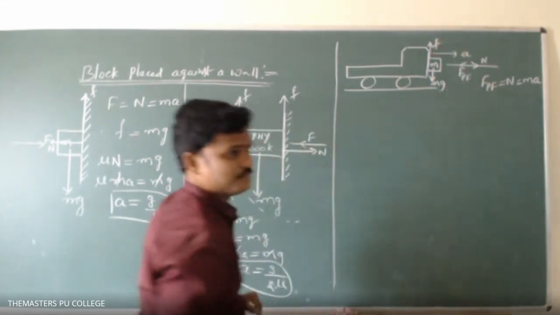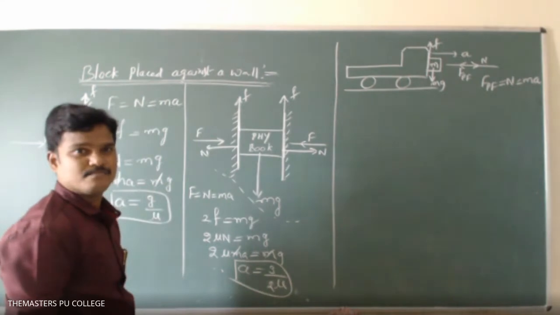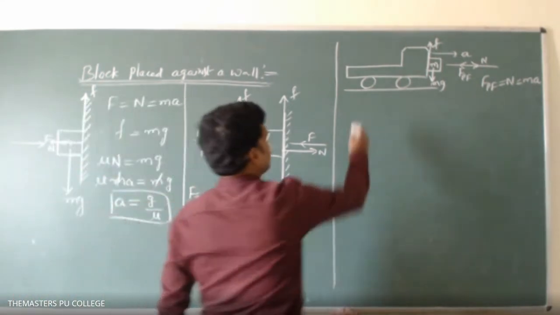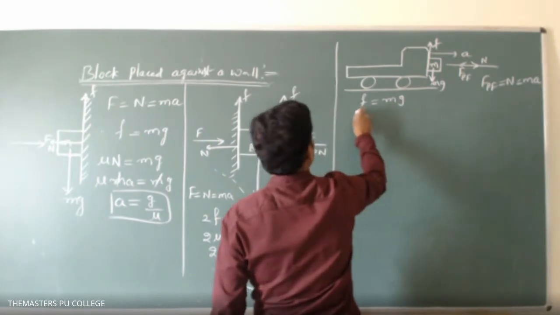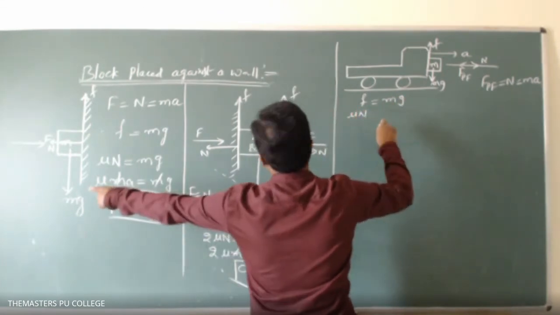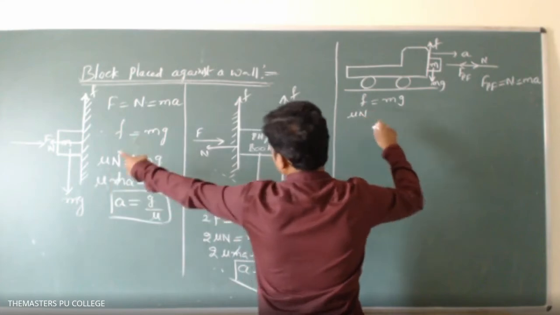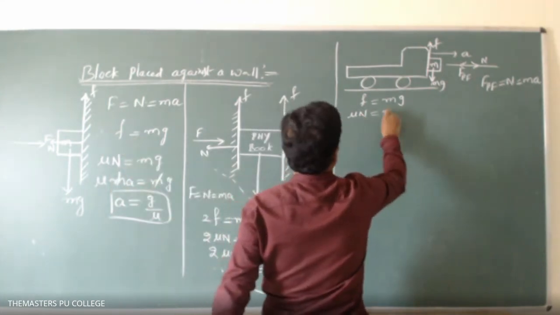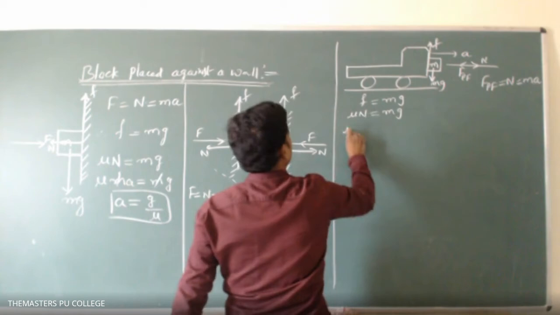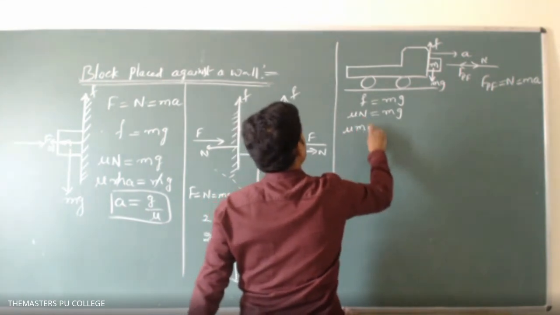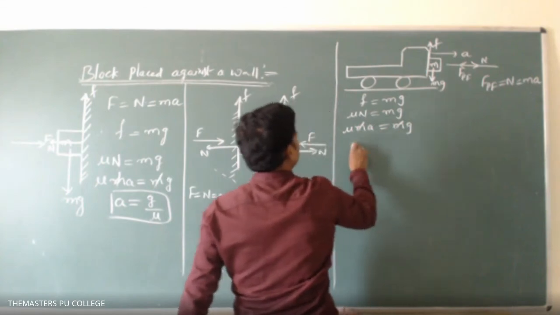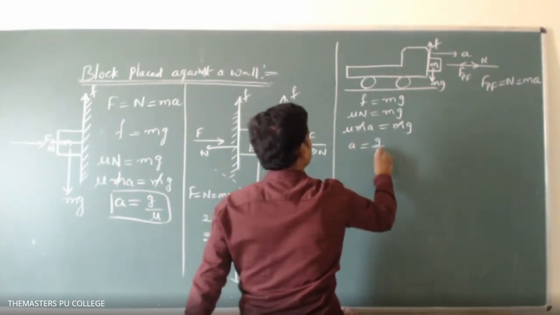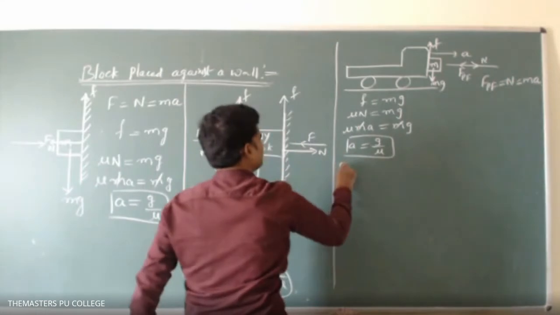Frictional force. Again F is balanced by mg. Same steps that I did in the first case, because this is also like a truck. Okay, mu N equals mg. Mu, what is N? N is ma. So mu ma equals mg. Okay, so a is equal to g by mu.